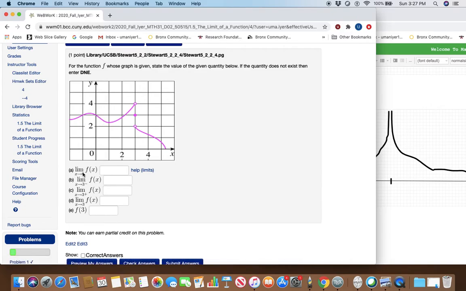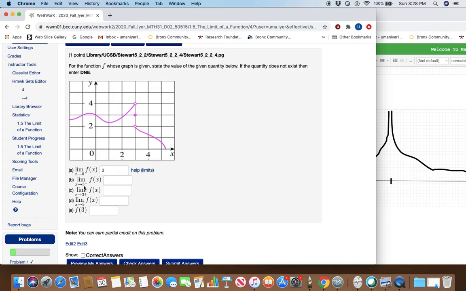I'm just looking for the limit, not the value. The value at 0 is also 3, but that's irrelevant. For the limit, you're looking at the branch to the left and the branch to the right. Both branches meet at 3. So the answer is 3.